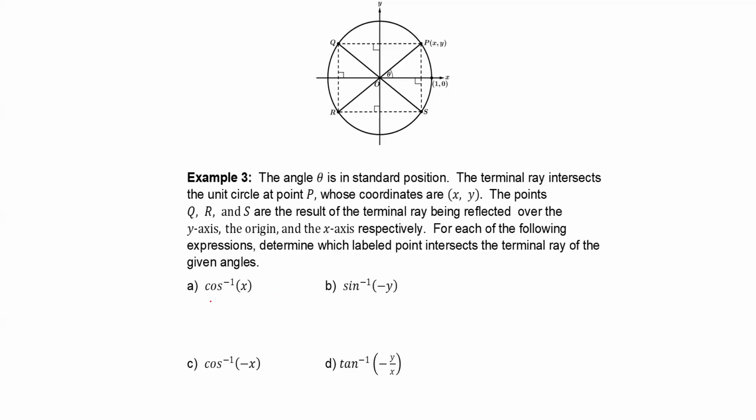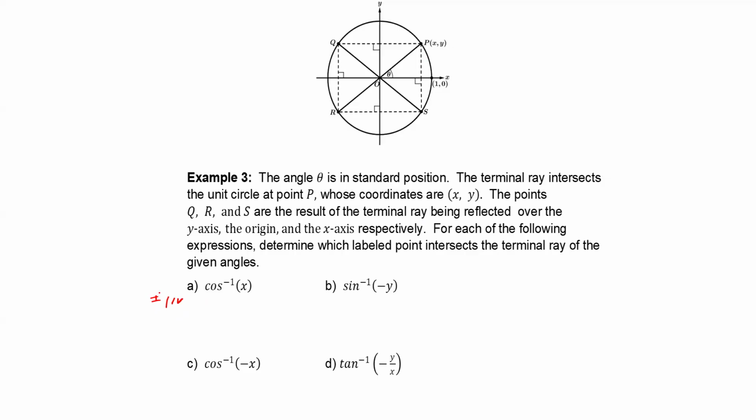So the first one's asking which one of these could be a possible angle of cosine inverse giving a positive ratio. Okay. So cosine, we know that cosine is positive in quadrants number 1 and 4, correct? The inverse only exists in which 2 quadrants? 1 and 2.